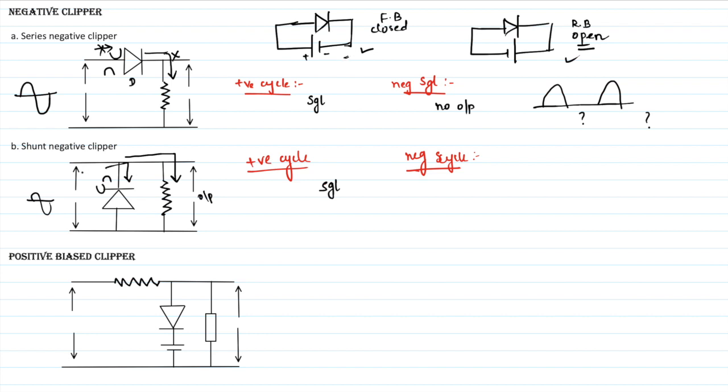So when it is closed, entire current will flow across the diode, so all the current will flow across the diode, so no current will flow in this path to the resistor, therefore you will not get output. So here also positive signal yes we got, no negative signal, again positive signal we got. Similarly this will continue. So this is negative clipper where negative portion of the entire input signal is clipped. So this is how negative clipper is working.